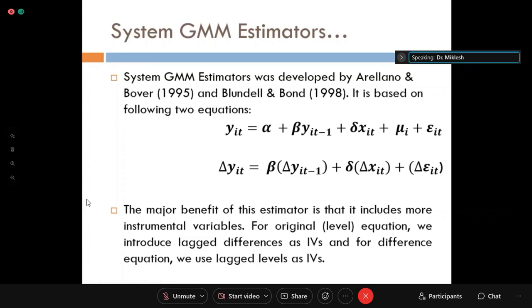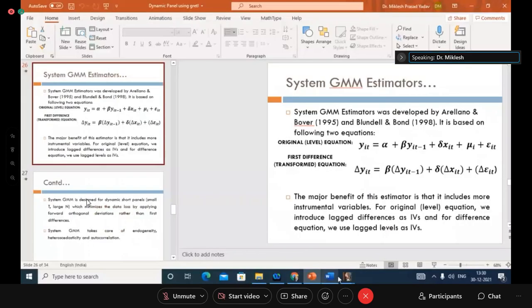So these are the advantages of system GMM. It means we use more instruments. There are two equations, and because of these two equations we consider a greater number of instruments.